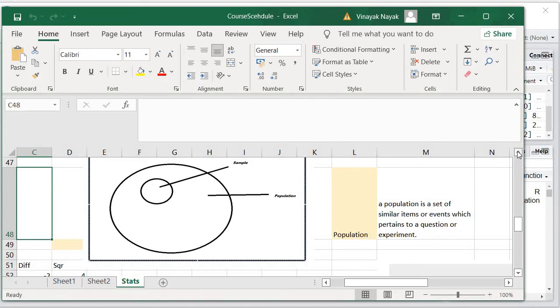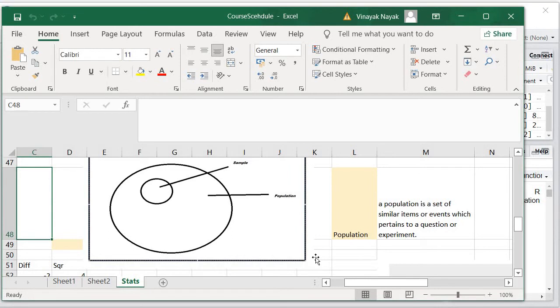So that data you can term as a population, and from that data, if you remove a particular set of sample data. If you term this bigger circle as the population, and from that population you take a few samples, let's say this is 10,000 records, and from that you take a very small sample of, let's say, 200 or 300 records, then you term it as a sample.